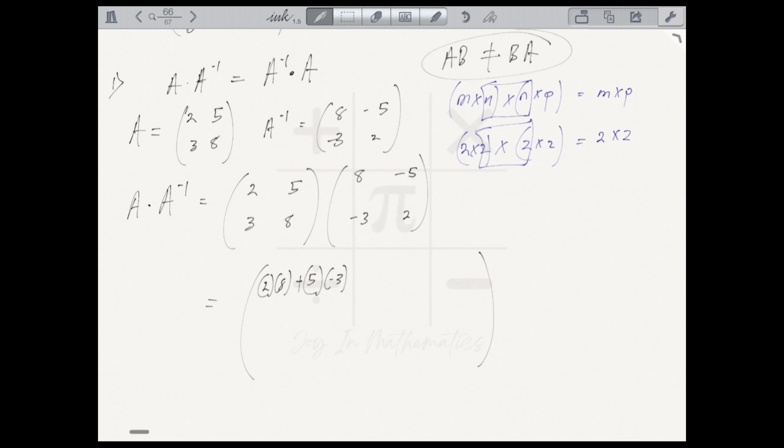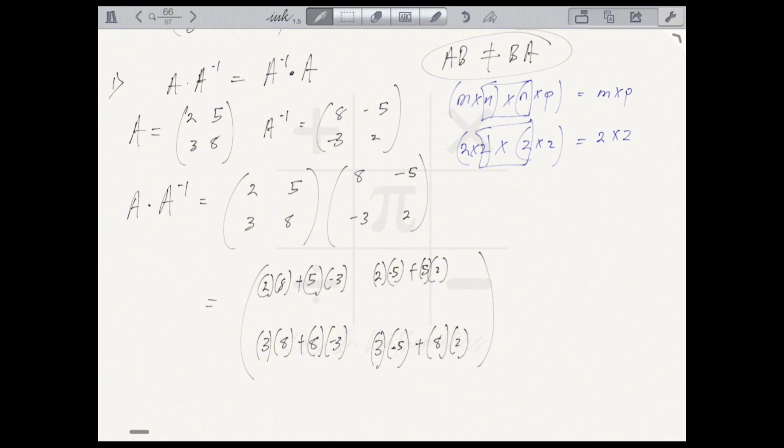The next step is row 1 multiplied by column 2: that's 2 multiplied by minus 5 plus 5 multiplied by 2. Likewise, we continue with 3 multiplied by 8 plus 8 multiplied by minus 3, and finally row 2, column 2: that's 3 multiplied by minus 5 plus 8 multiplied by 2.